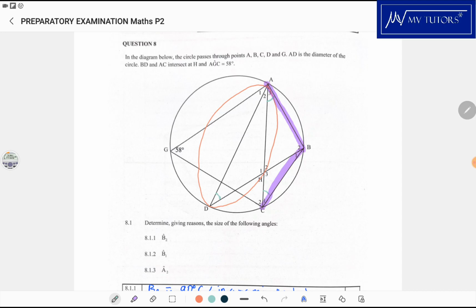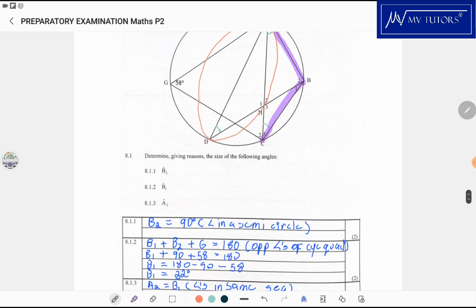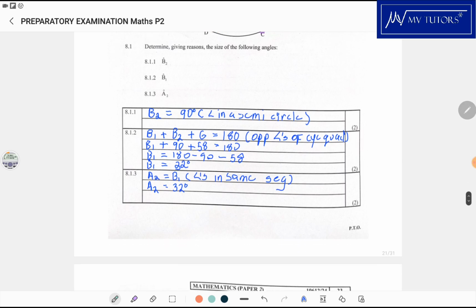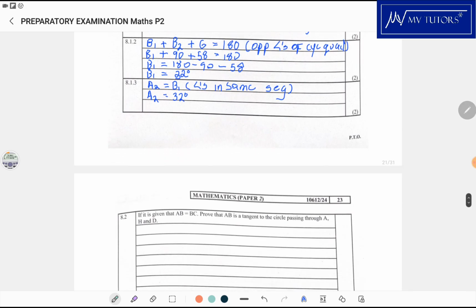They're the same angle. But also C1 is equal to D because of the same segment. They come from the same segment, which is AB. You can see they're subtended from the same AB segment. But let's write it down nicely so that it makes sense to you.